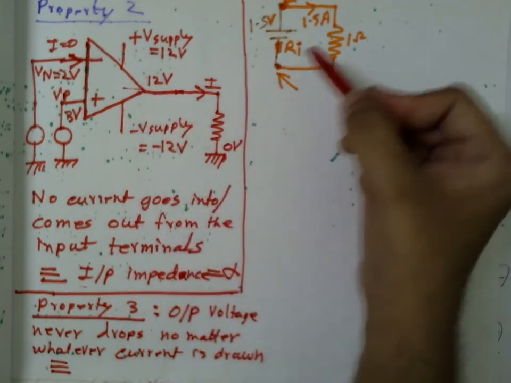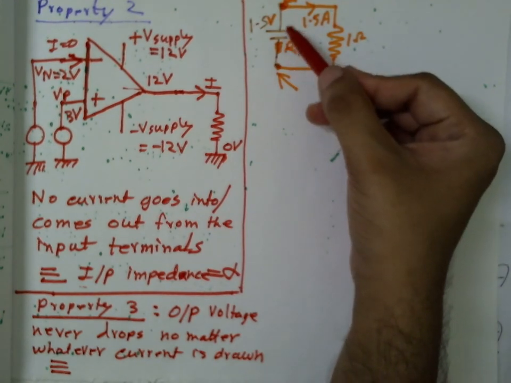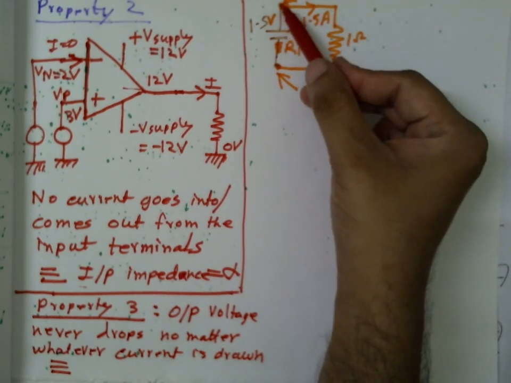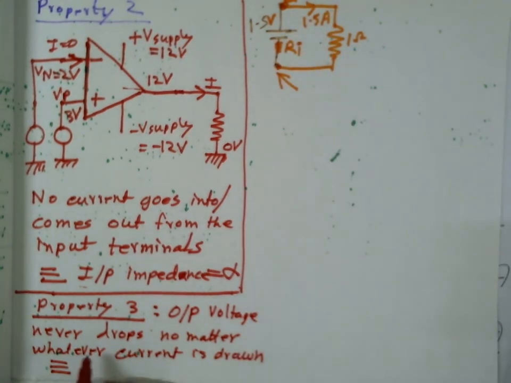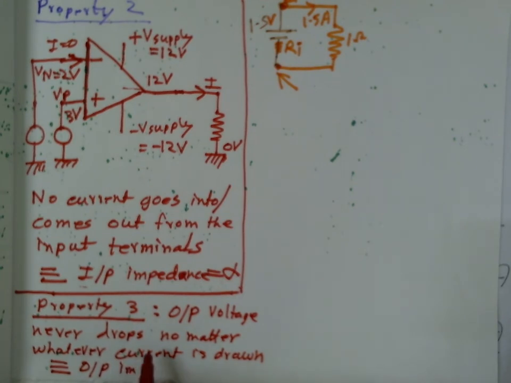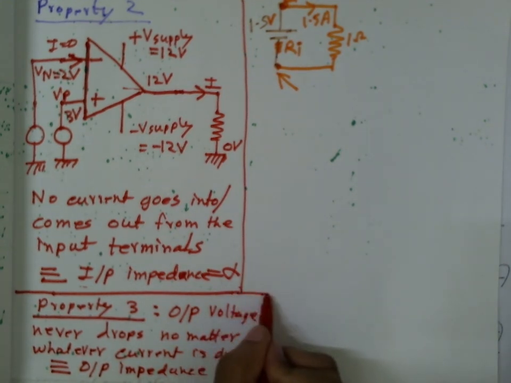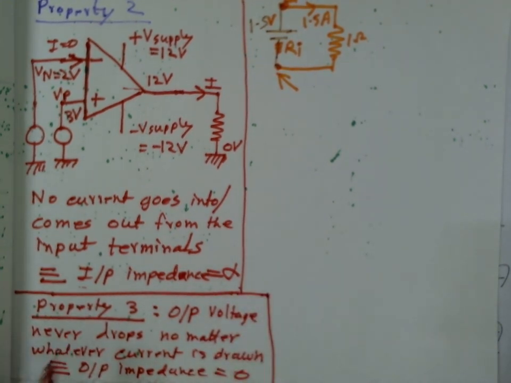If that is 0, then no matter whatever current you draw, voltage won't drop. So this is equivalent to saying the output impedance or internal impedance of the output terminal is equal to 0. This is the third important property you must know and remember about the op-amp.